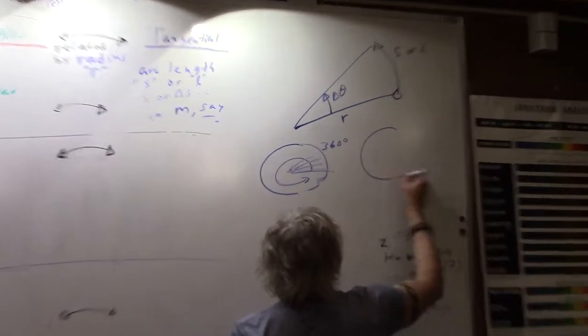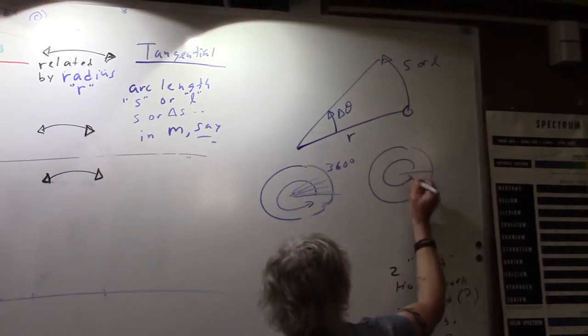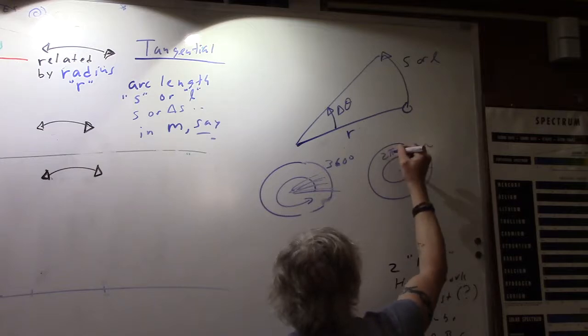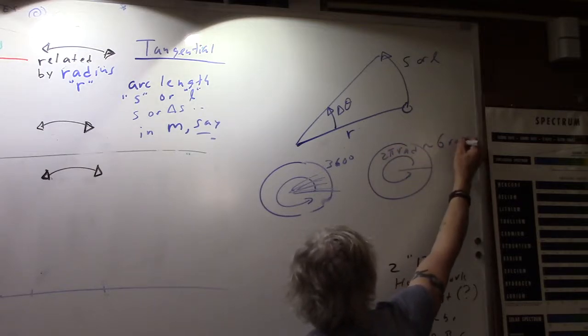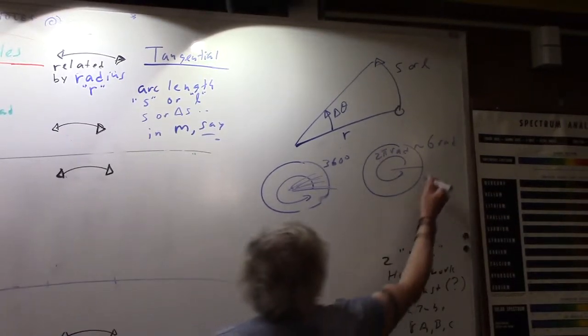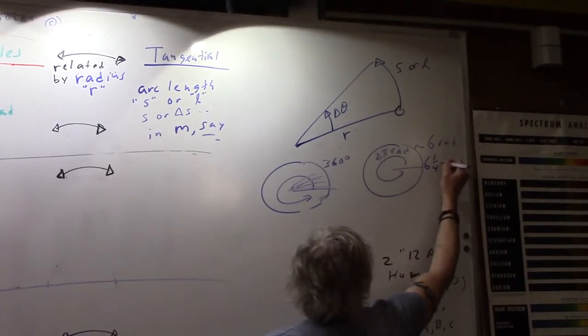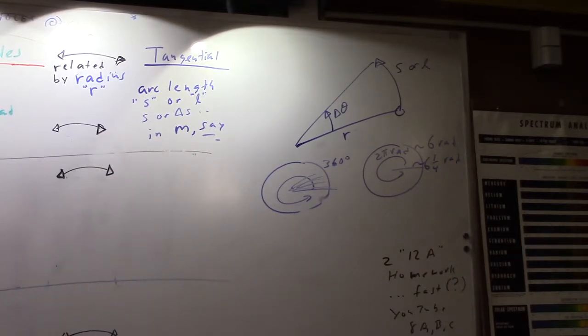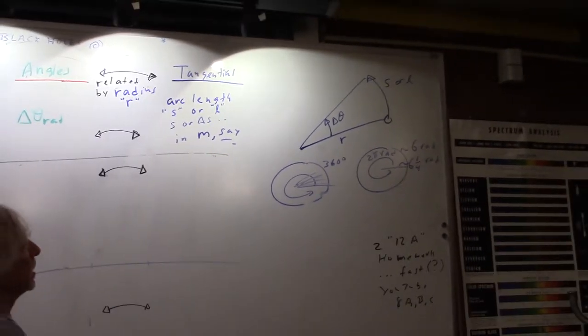How many radians in one circle? 2 pi radians, which is about 2 times 3 or 6 radians, or 6 1/4 if you want. About 6 1/4 radians. Make sure you can do rough calculations as well as looking at precision.